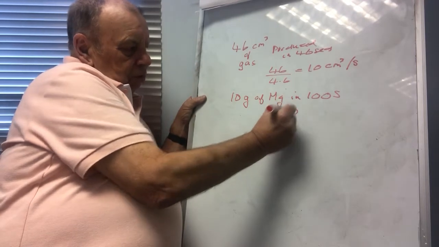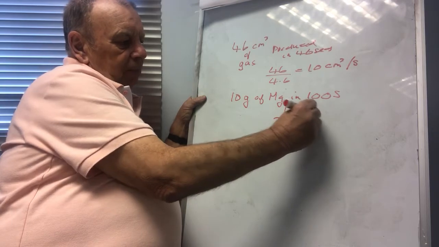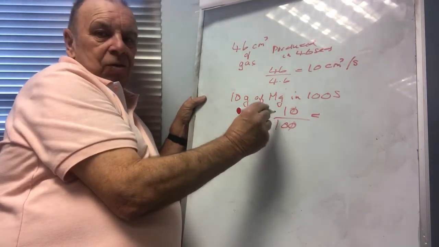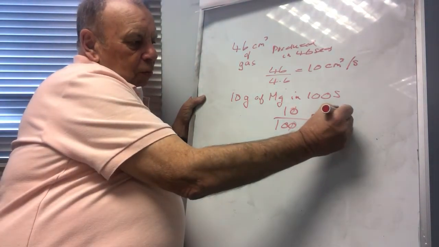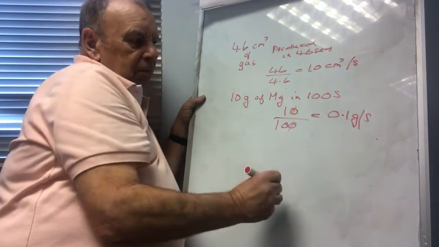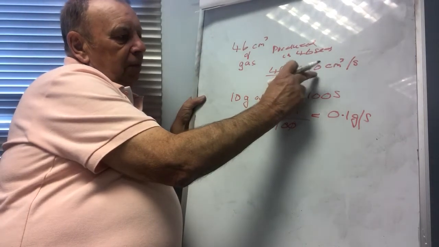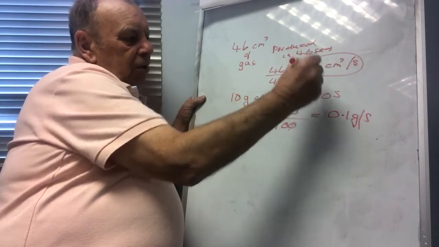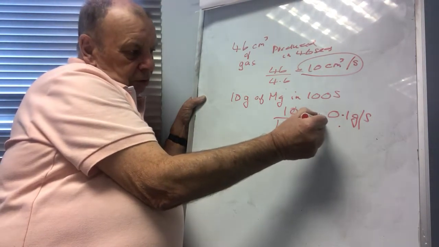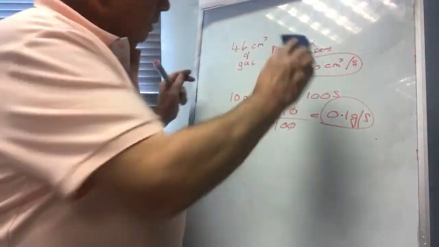Well, 10 grams used up in 100 seconds is 1/10, which is 0.1 grams per second. The amount of product in time, or the amount of reactant used in time.